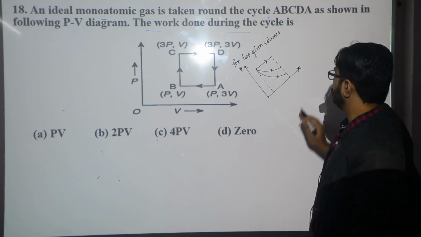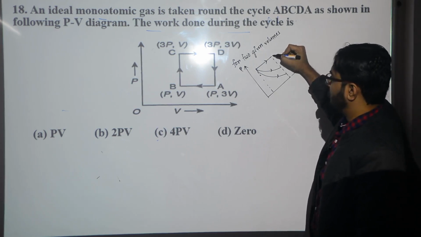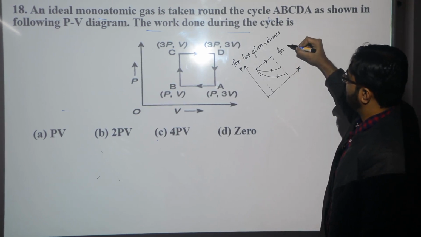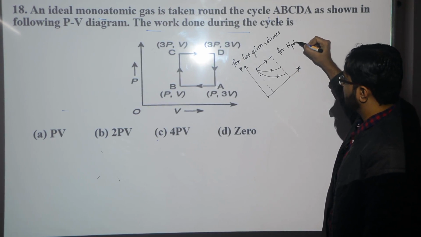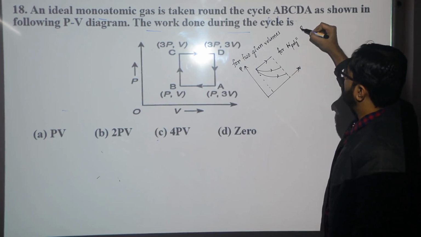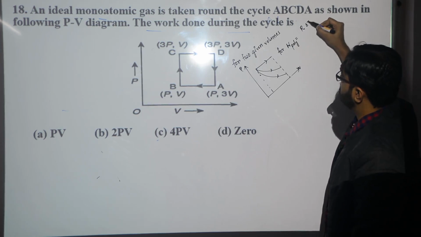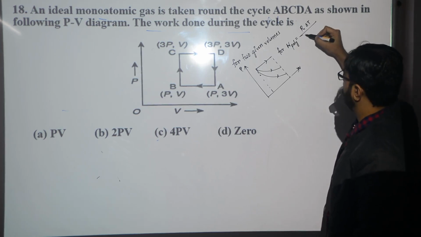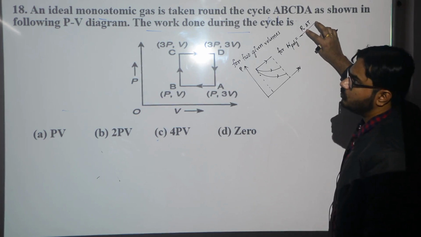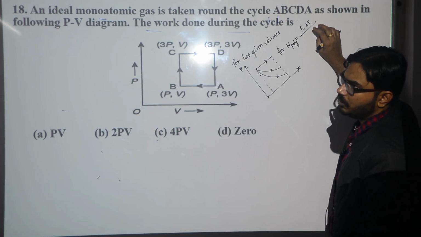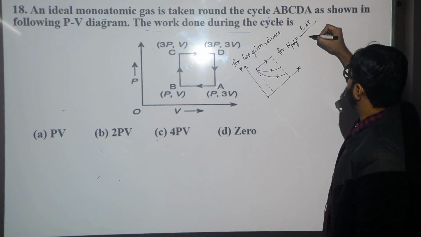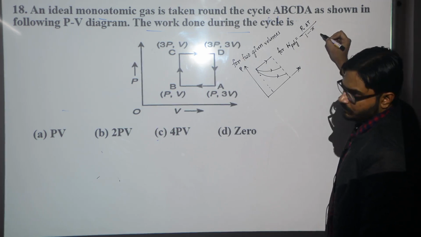Okay. So again, what will the work done expression be for a polytropic process? It will be R delta T divided by 1 minus x, meaning RT2 minus RT1, so it will be P2 V2 minus P1 V1, the same story, divided by 1 minus x.